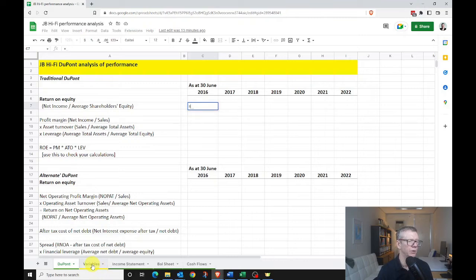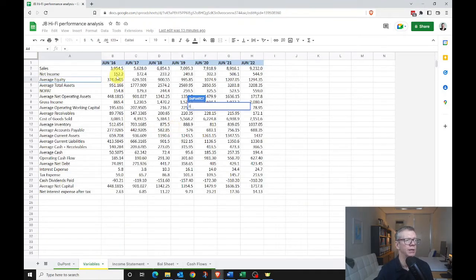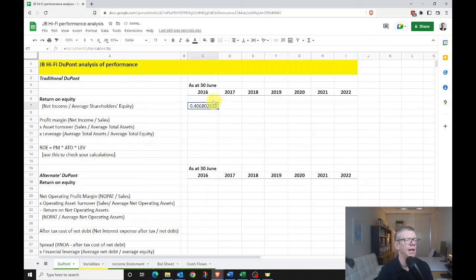I'm going to go to my variables tab, and I've got, starting in 2016, net income divided by average equity, and we can probably treat that as a percentage, it's probably going to be a little bit nicer. 40.7%.